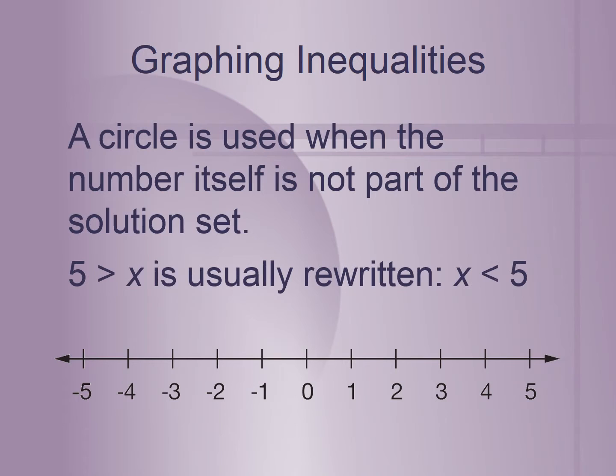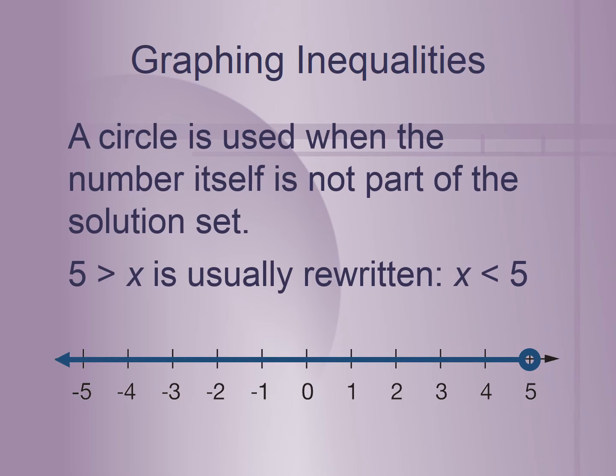Now, for example, if we have 5 is greater than x, we usually want to rewrite that as x is less than 5. So notice that that's the same statement, it's just that we put our variable first. That way, when we graph it, it makes a little more sense. So we're going to put a circle at 5 because 5 is not part of our solution.